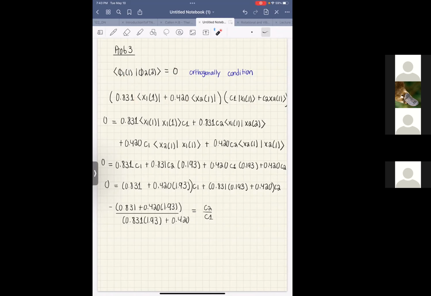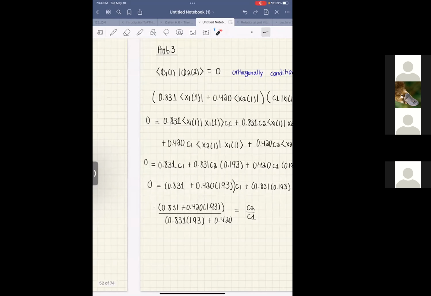Since this is in the bra notation, the wave functions are going to be bras, and this is in the ket notation, so the wave functions are going to be kets. And then we multiply this together, and then we get 0.893, and then we multiply this by this, and this is what you're going to get after you expand it out.